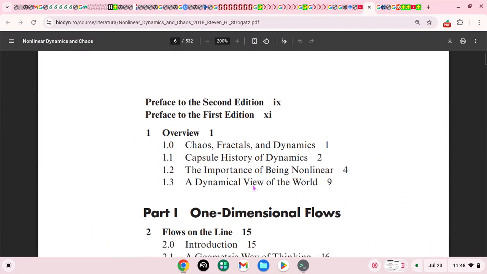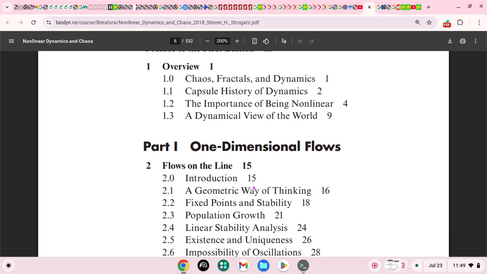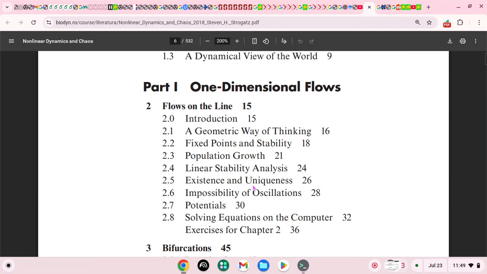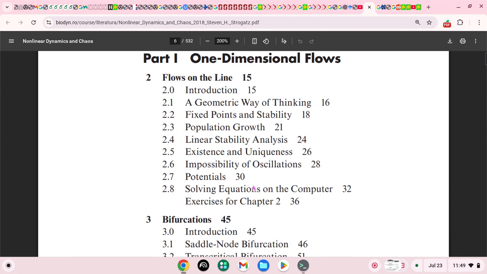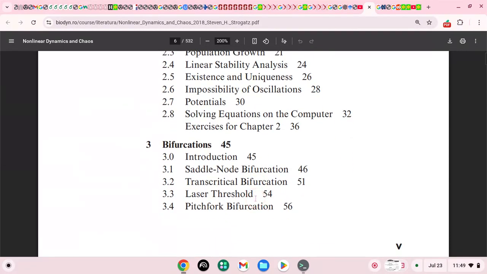It covers what chaos is, what fractals are, what is meant by dynamics, how those dynamics evolved from Newton to Poincaré, what is meant by a dynamical system, what the orders of dynamical systems existing in this world are, some examples, and what it means to understand a dynamical system in one dimension: what is meant by equilibrium, what is meant by stability, and how to understand stability analysis in a linear system, what is meant by bifurcations, when we change the parameter, how stability becomes instability or instability becomes stability.